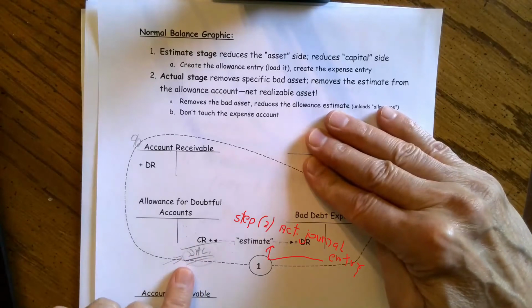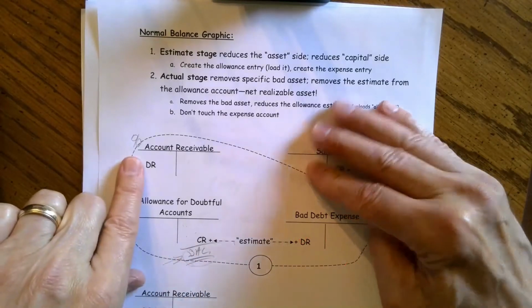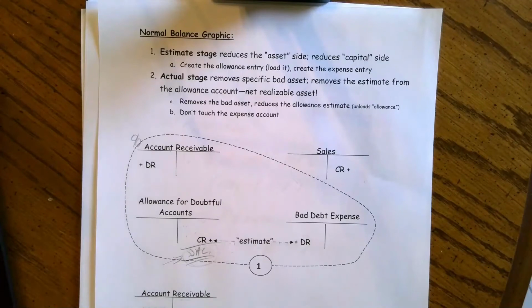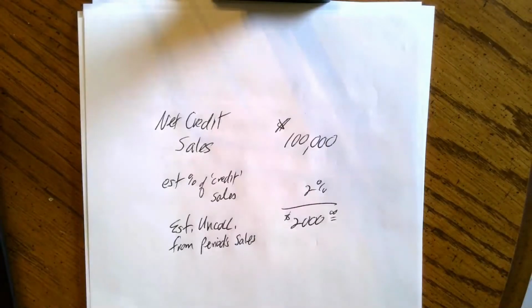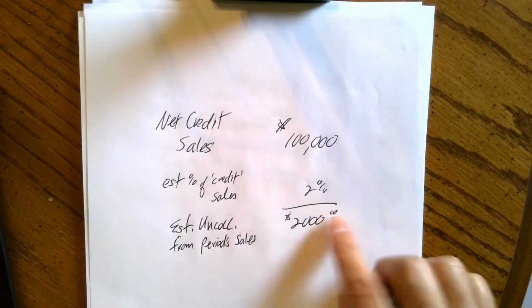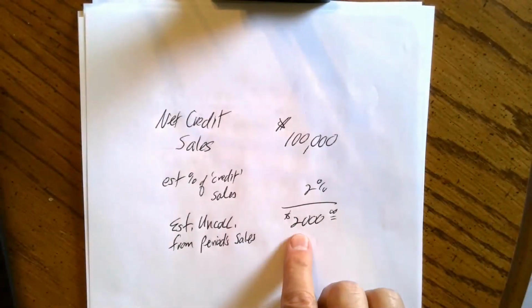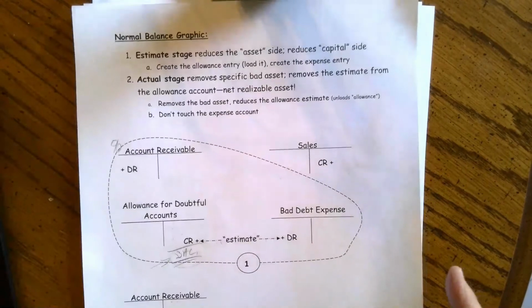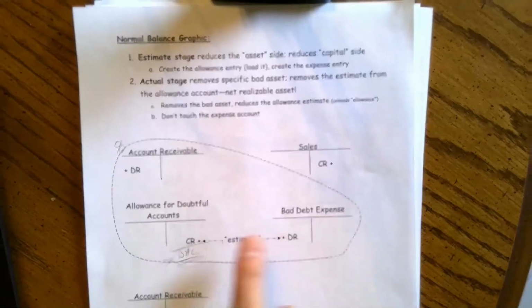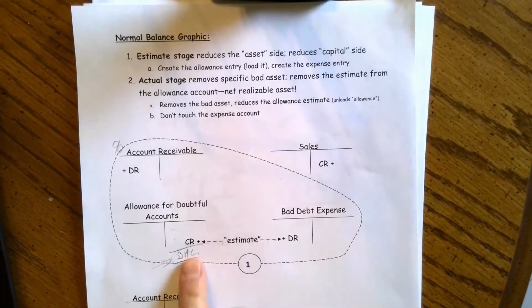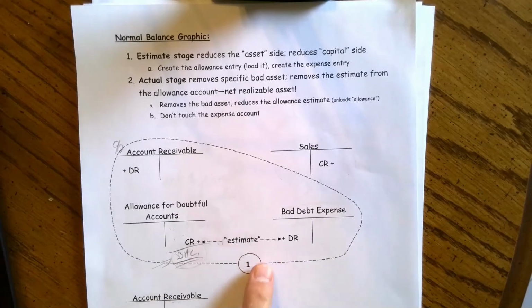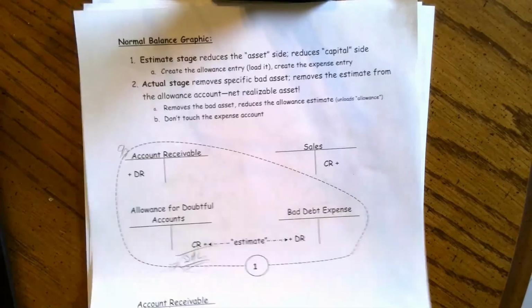A two-step process in the balance sheet approach. So with this percent of sales approach, the one-step approach, make a calculation, make the journal entry, debit bad debt expense, credit the allowance account. You're loading up the allowance account every time you make this estimate entry, debiting bad debt expense.